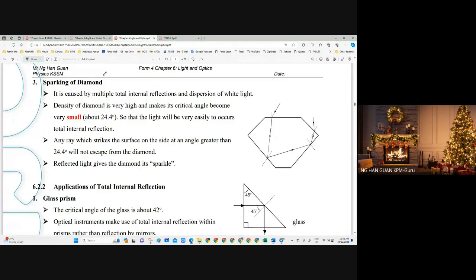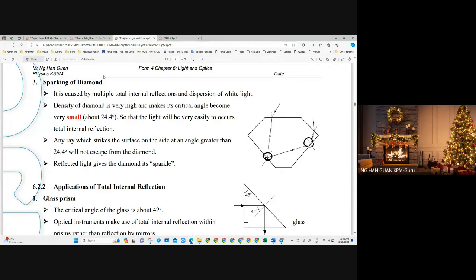Every total internal reflection point makes it sparkle, because it's like the light is reflected by a mirror. Due to that, the diamond has a special cutting angle and shape, to make sure that no matter from which angle you look at the diamond, it will always have a lot of sparkling due to the multiple total internal reflections.